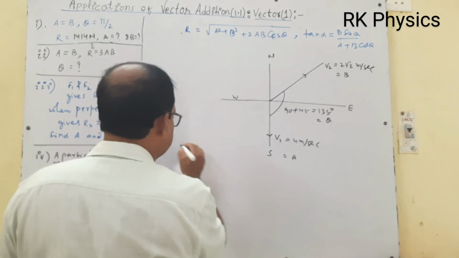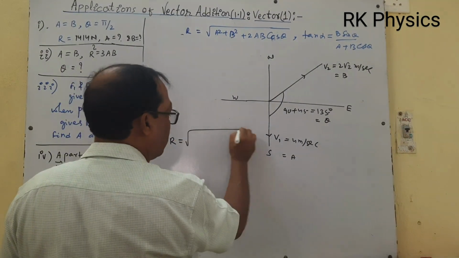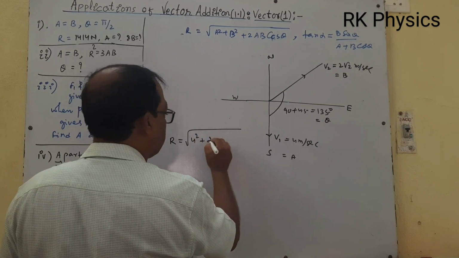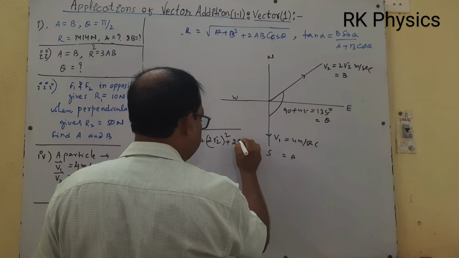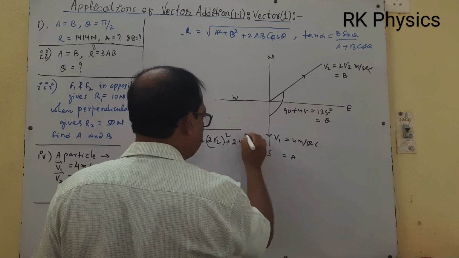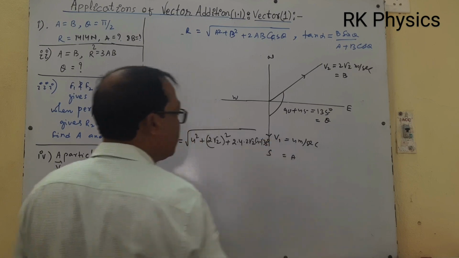Now the resultant R is equal to root over 4 square plus 2 root 2 whole square plus 2 into 4 into 2 root 2 into cos 135 degree.